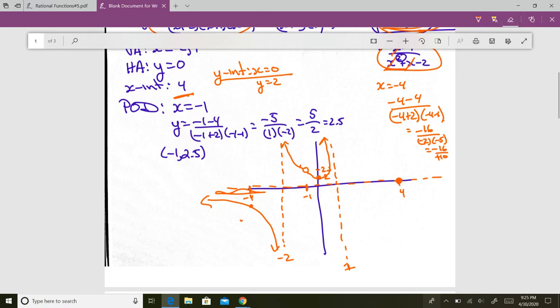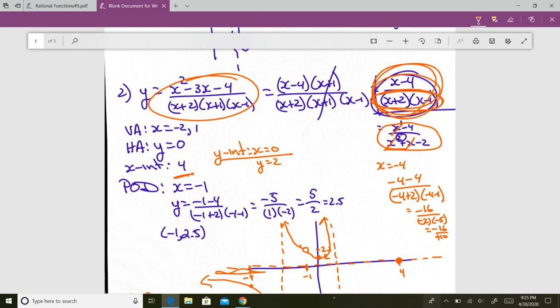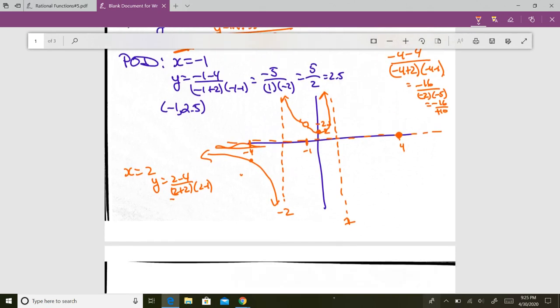Well, if I use x is equal to 2 and plug it into this guy, I'm going to get y is equal to 2 minus 4 over 2 plus 2 times 2 minus 1. 2 minus 4 is negative 2. 2 plus 2 is 4. 2 minus 1 is 1.